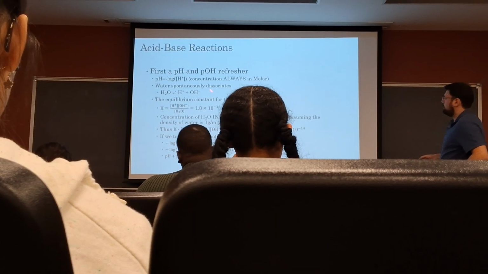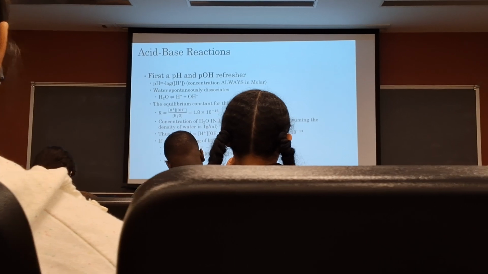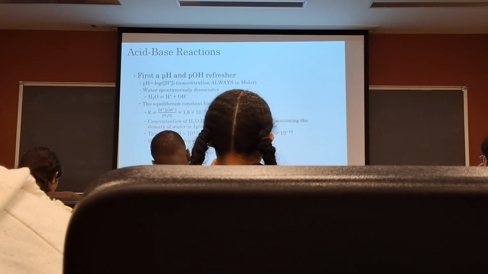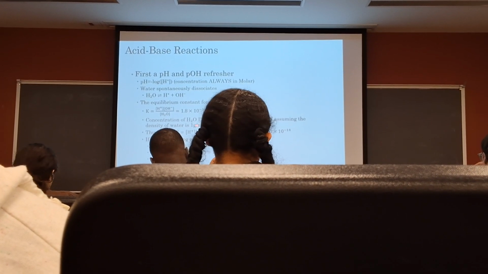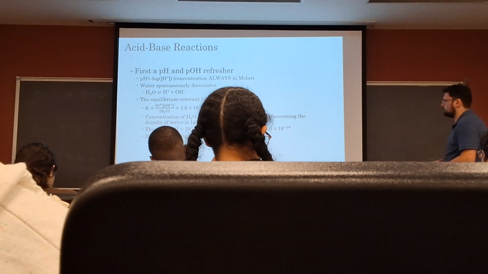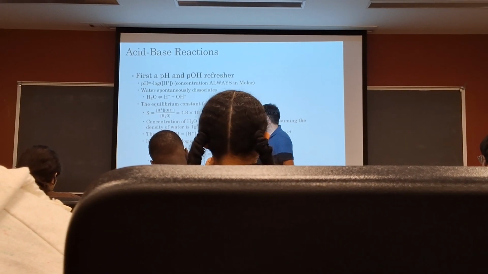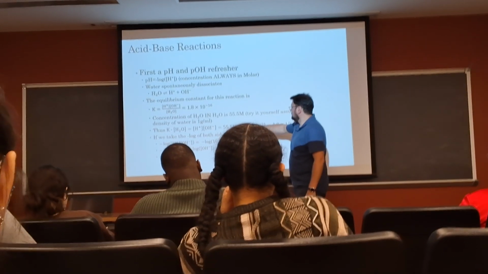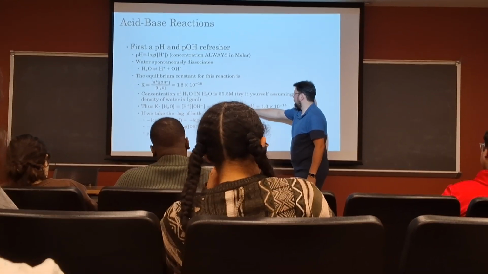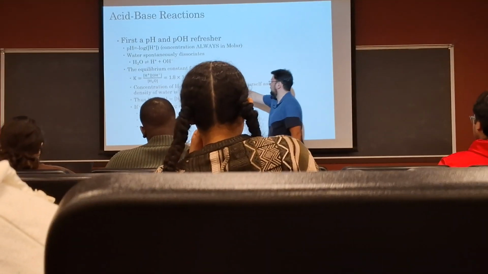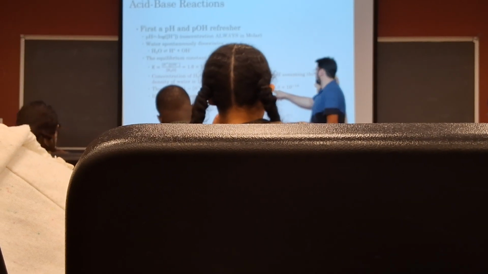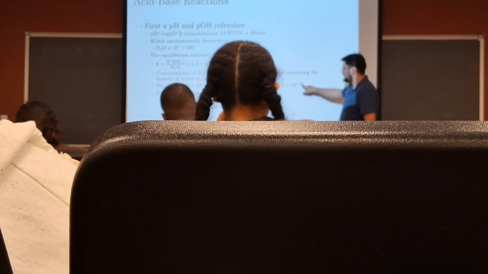So the concentration of water in water then is 55.5 molar, right? You can try this yourself. There's nothing magical here. You assume that the density of water is 1 gram per mL. Well, what this means then is that H plus times OH minus equals 55.5 molar times 1.8 times 10 to the minus 16, which is this. This equals 1.0 times 10 to the minus 14.